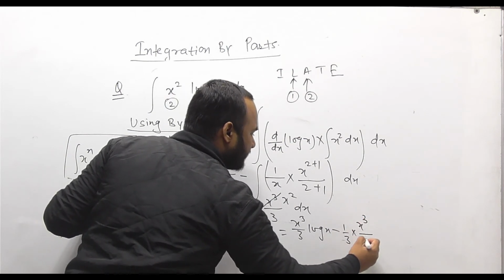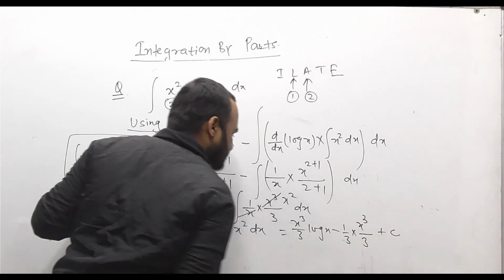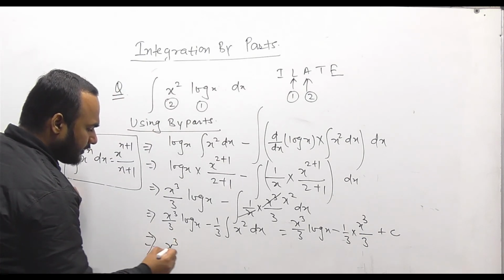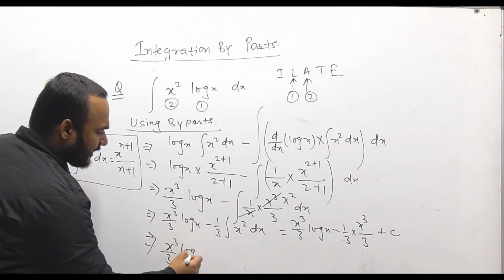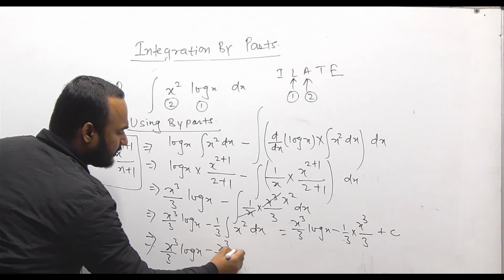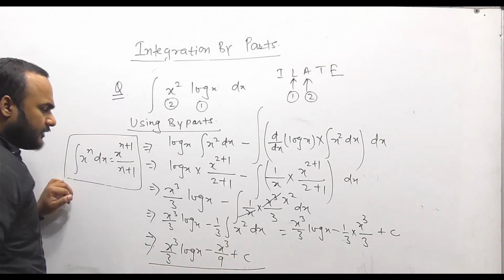So 2 plus 1 is 3, divided by 3, plus c. So our final answer will be x to the power 3 divided by 3 log x minus x to the power 3 divided by 9 plus c. This will be our final answer.